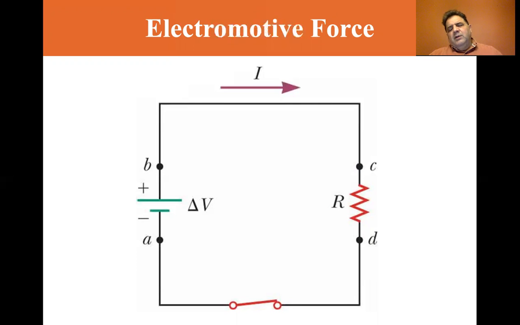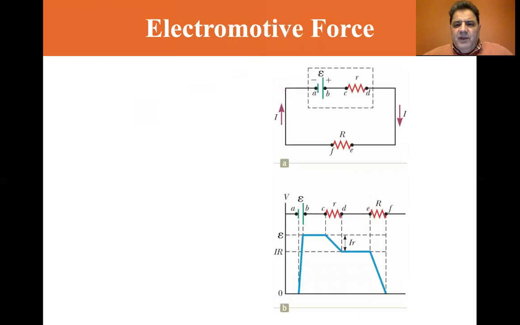But we look at the conventional current going in the opposite direction, out of the positive into the negative. So the battery provides, you can call it a charge pump, to push the charges through the resistor back to the other terminal.